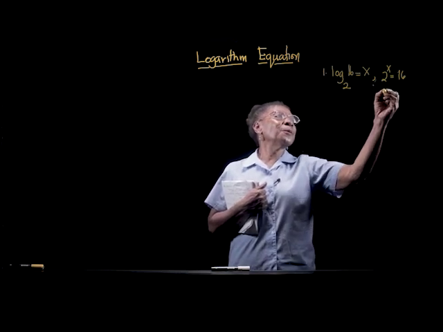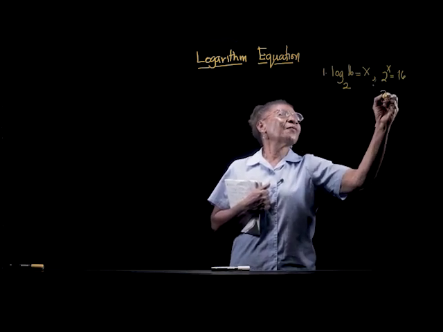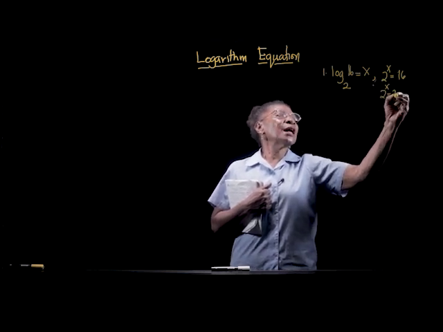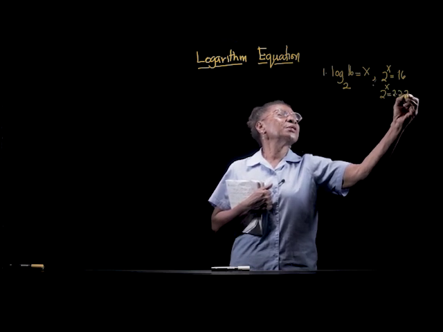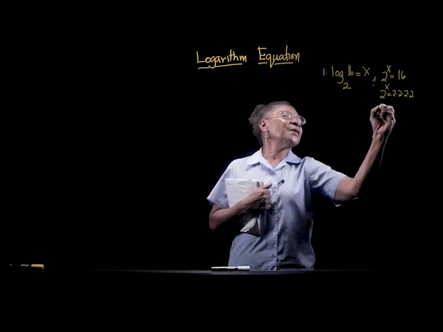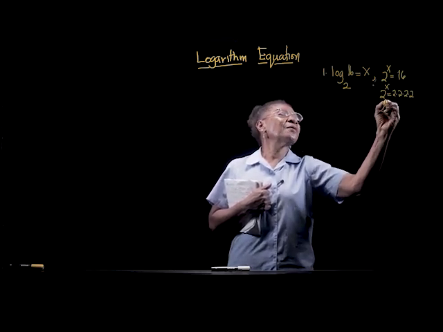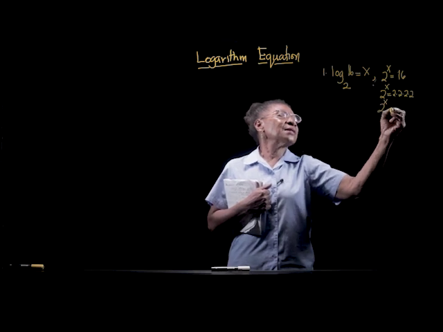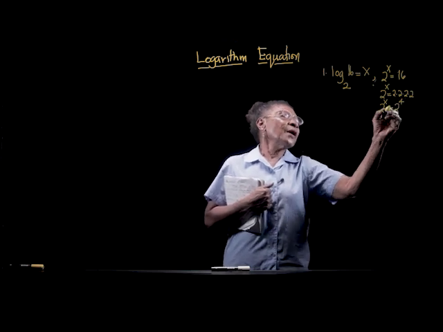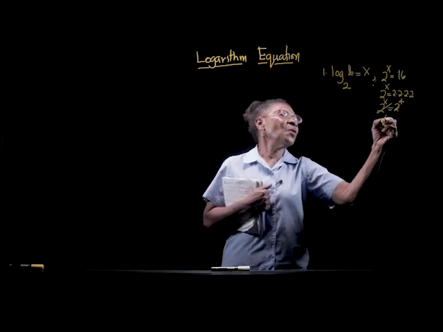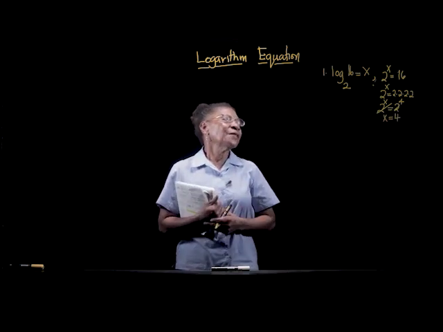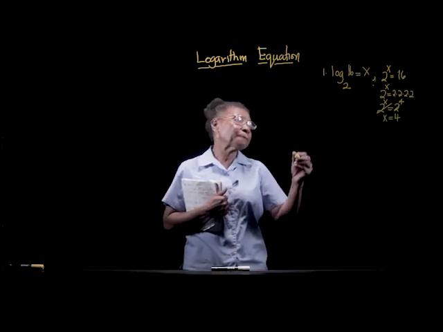So 2 to the power of x is equal to 2 times 2 times 2 times 2, which is 16. So 2 to the power of x is the same as 2 to the power of 4. That simplifies, and the value of x is equal to 4. That is example number 1.